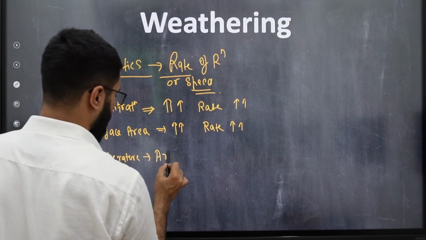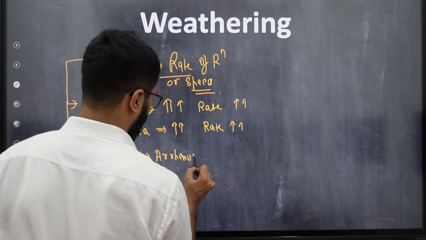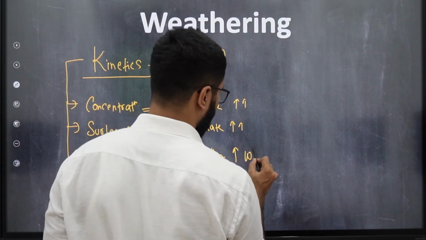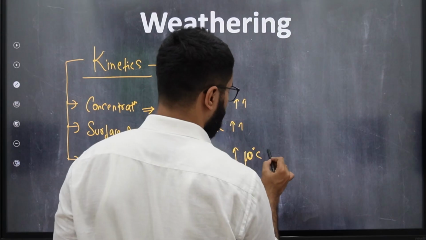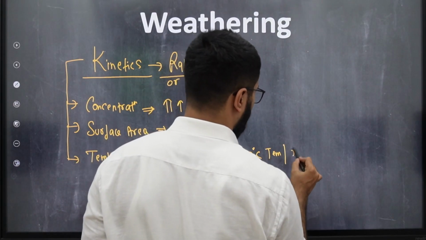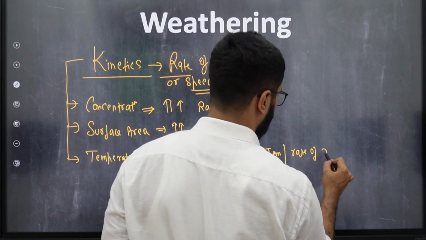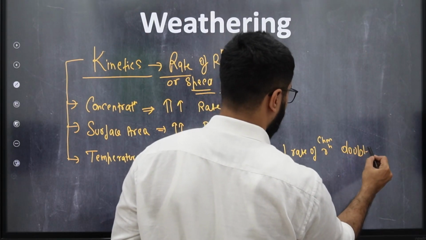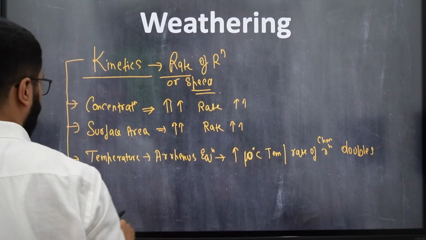Arrhenius equation suggests that for every increase of 10 degrees Celsius, the rate of chemical reaction doubles. So higher the temperature, more is the rate.